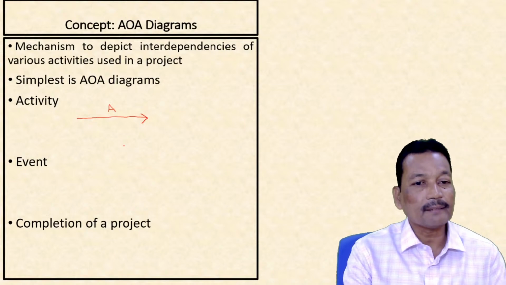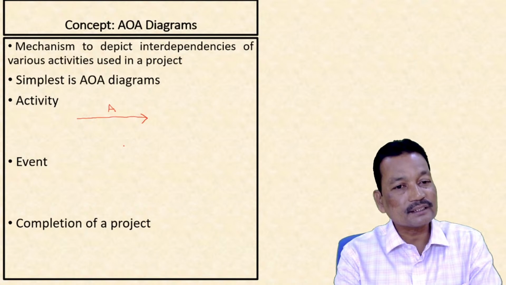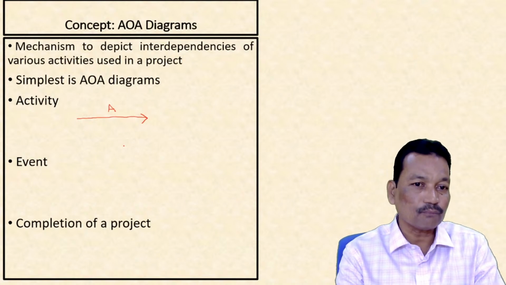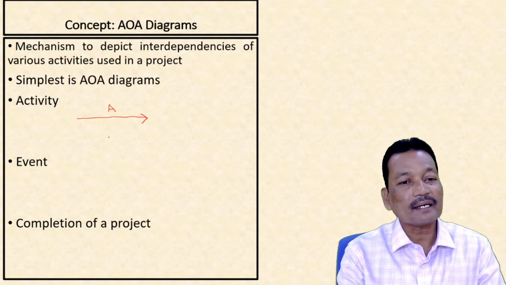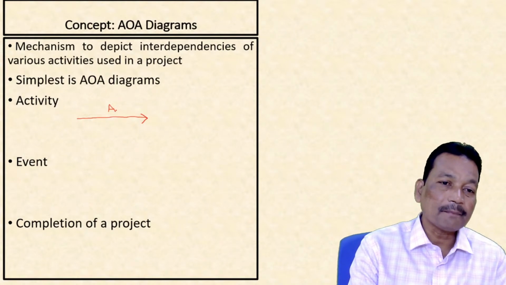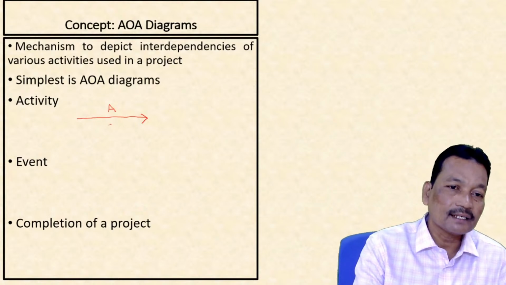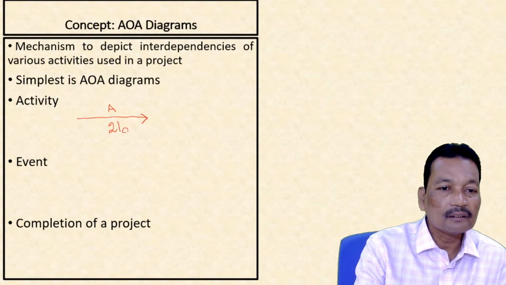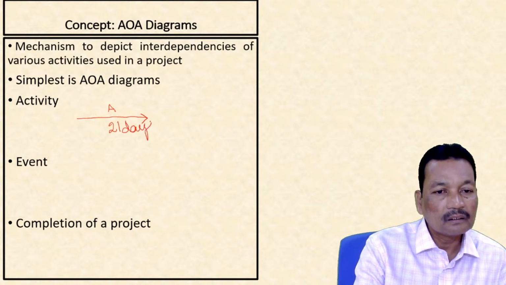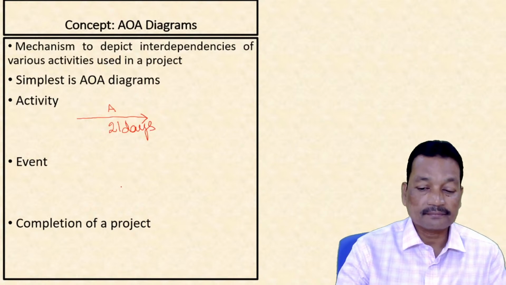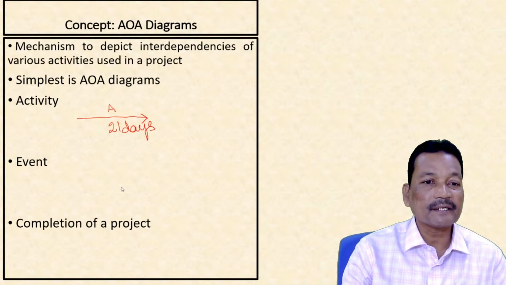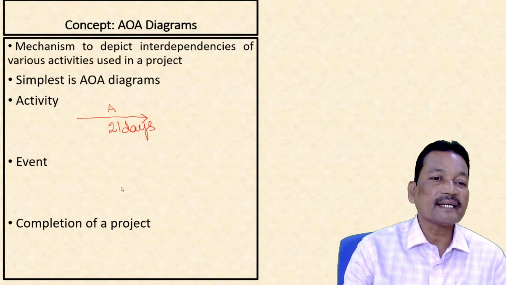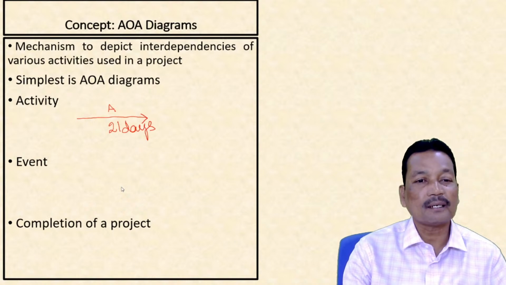So in the network diagram, I am showing the arrow which is the work of constructing the roof of the house, and in the diagram the arrow will be marked on the top A, and below that suppose I write a number, 21 days. What it means? Now the activity A that is depicting the roof of the house will take me 21 days to complete.